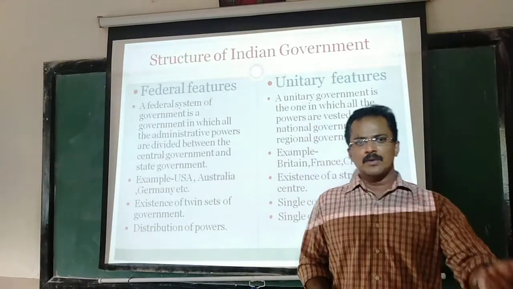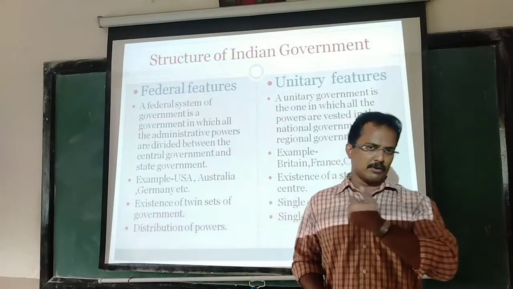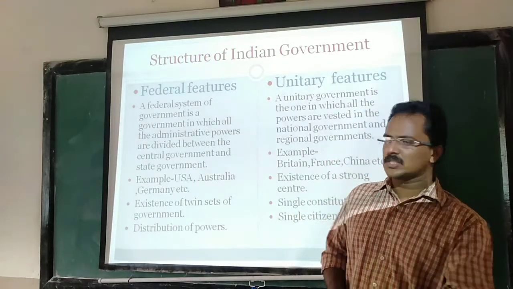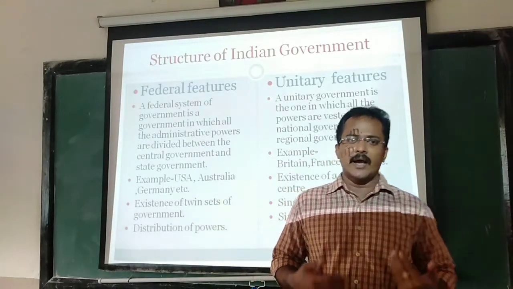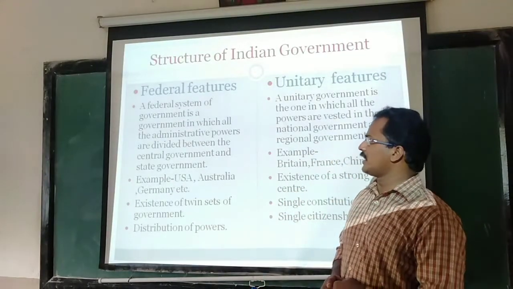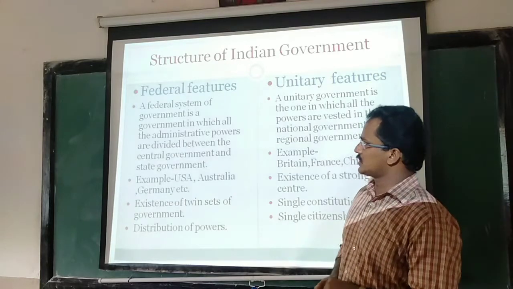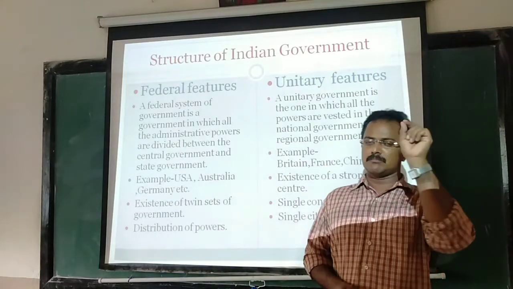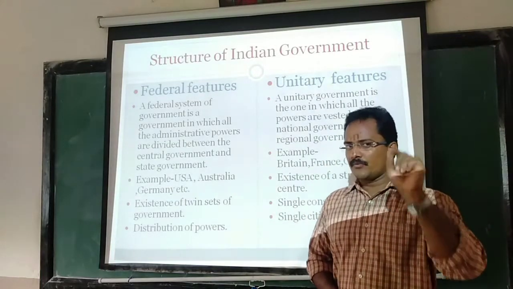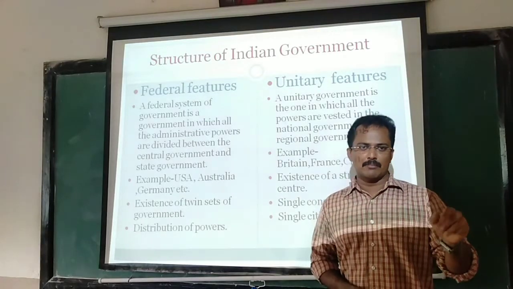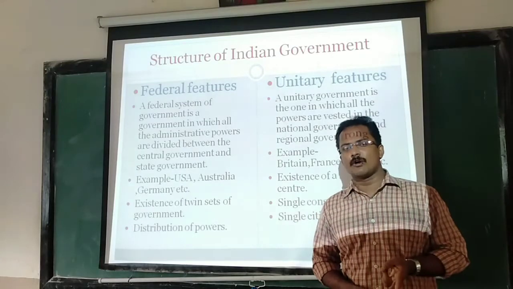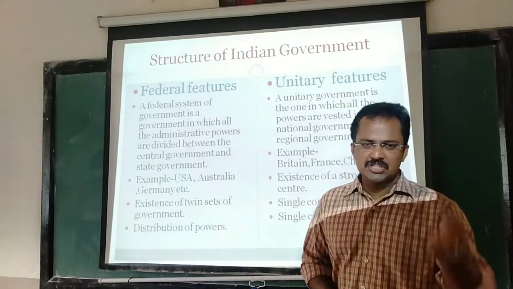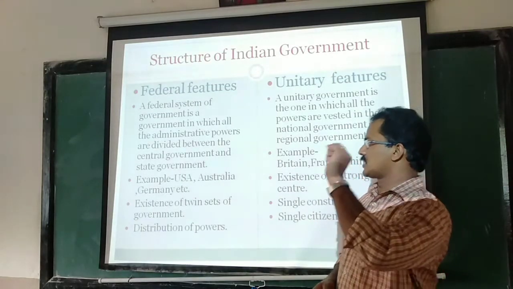In India, we can see both forms of government. The central government is headed by our Prime Minister and there are 28 states, and the state governments are headed by the chief ministers. So this is what is meant by federation. Federation is a form of government where two sets of governments exist: the central government and the state government.